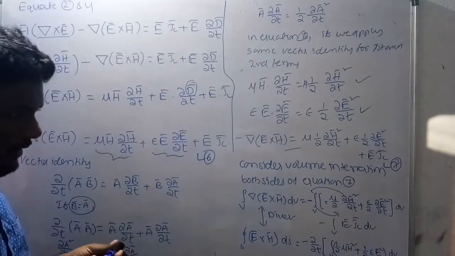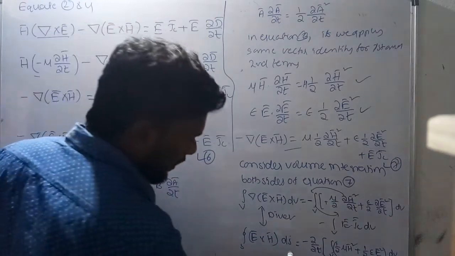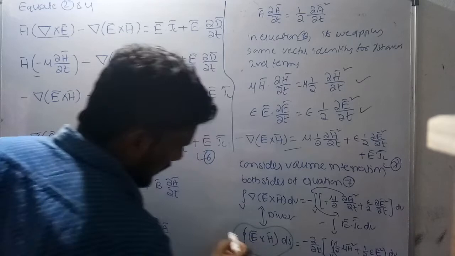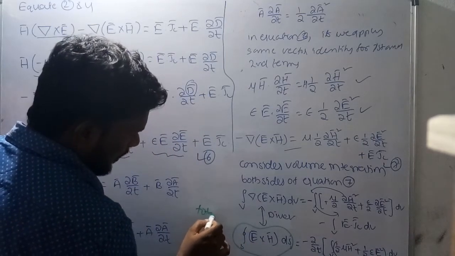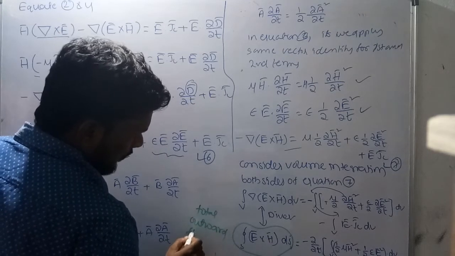Now see, in this equation, the left-hand side term indicates the total outward flow of power.